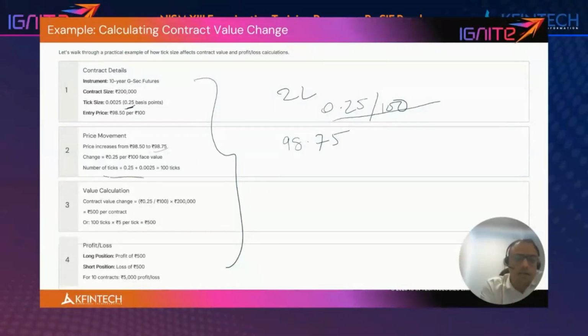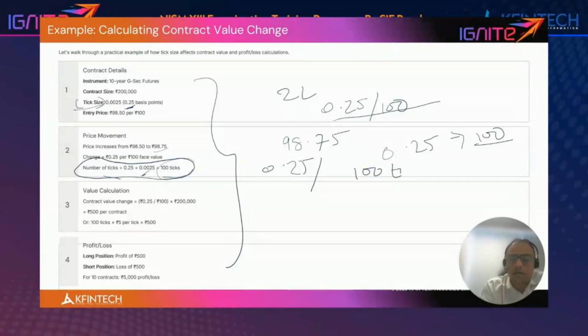How many ticks will be calculated? See, the change is 0.25 per 100 face value. So 0.25 divided by 0.25 basis point, which is the tick size, I will get 100 ticks.